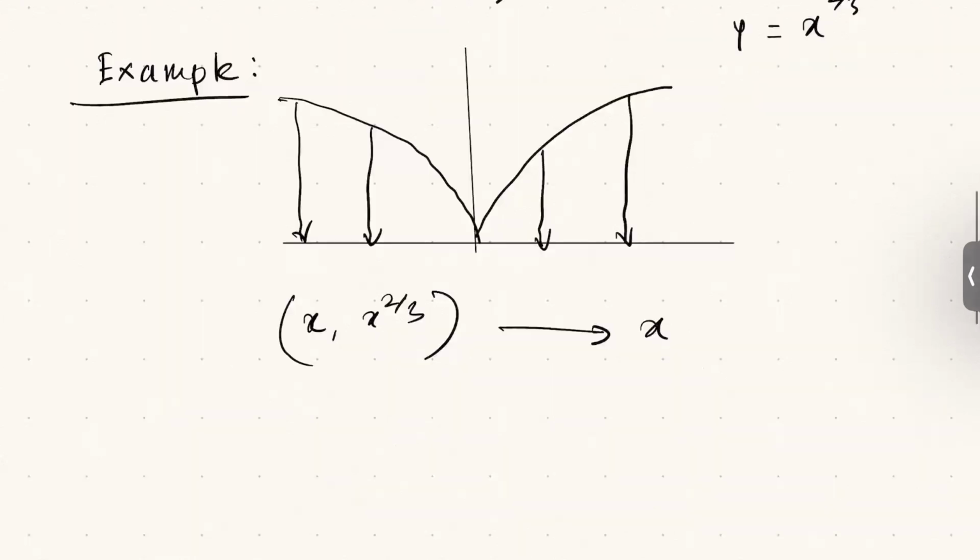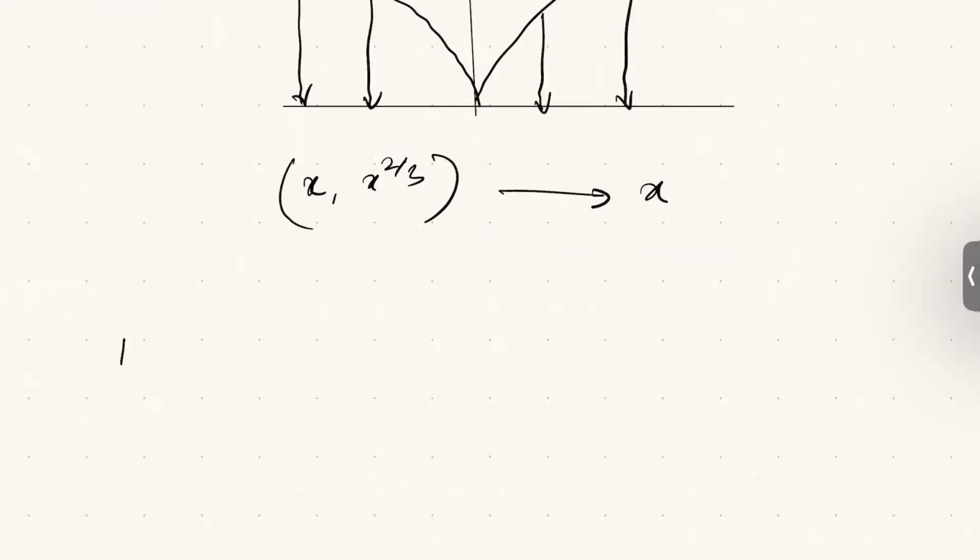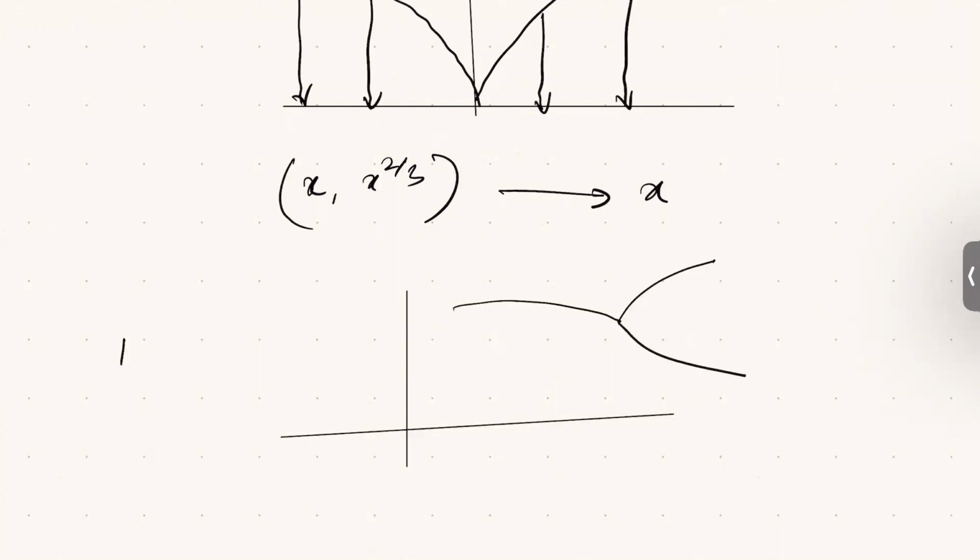But what about this? Say I have something like this. Is it going to be a topological manifold? For this point, there is no problem. Even in this case, there is no problem. On this side, there is no problem.